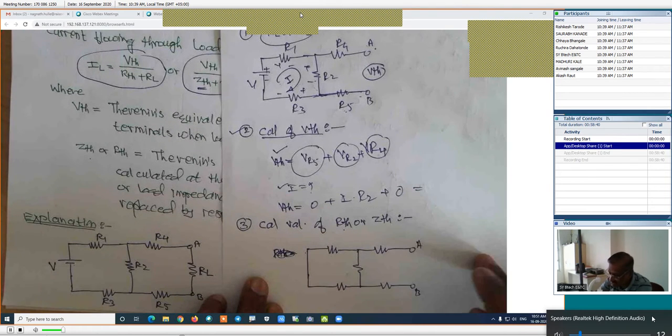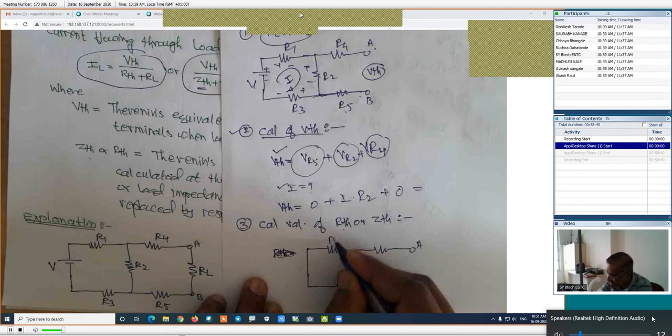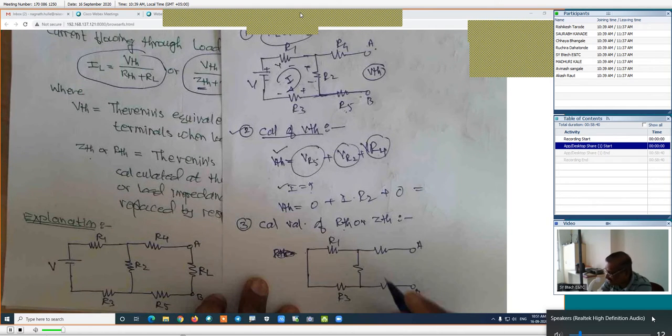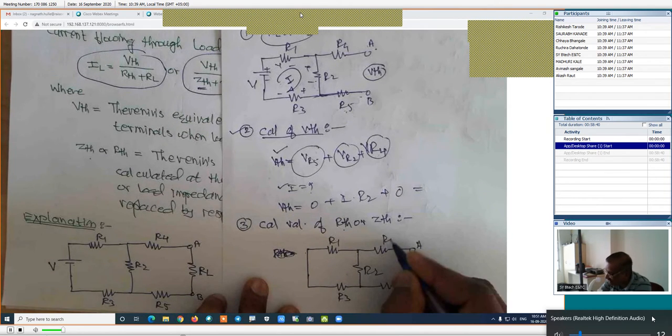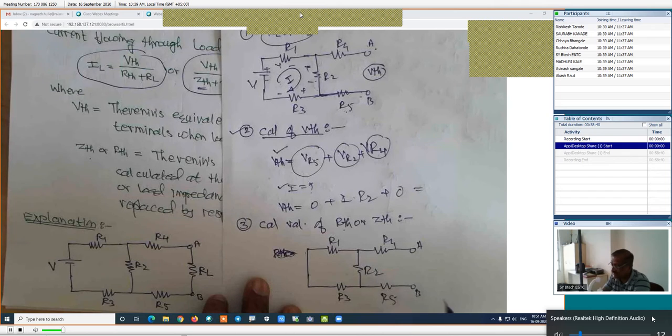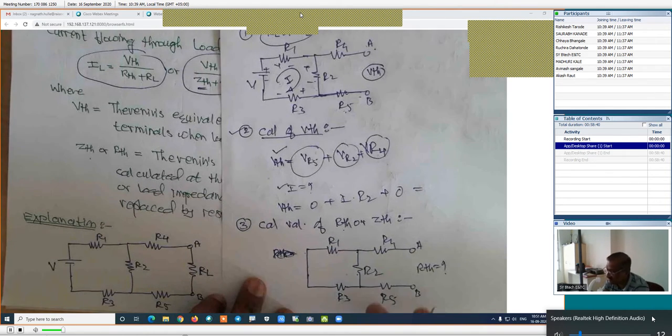We have removed the load resistance and the sources. This is R1, this may be R3, this may be R2, this is R4, and this will be R5. Then these resistances are in series and parallel combination, and we are able to find this RTH. This is step number 3.